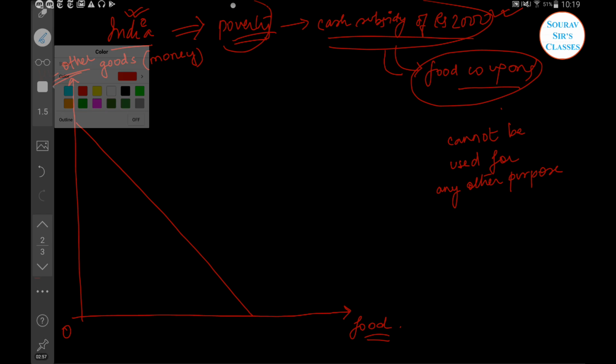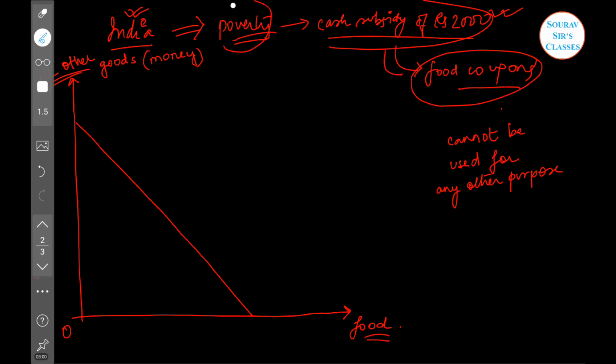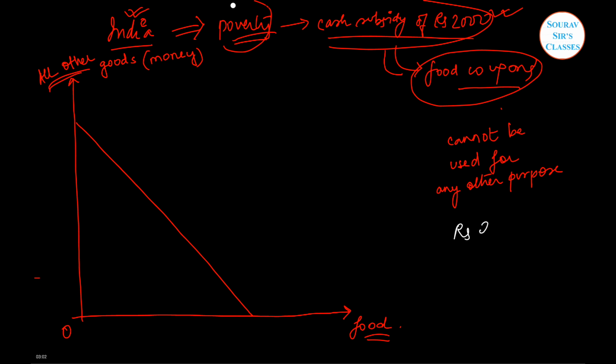Now we have received rupees 2000 as a cash subsidy, which we will utilize to buy the food coupons. So how will the budget line change? We will have something like this.